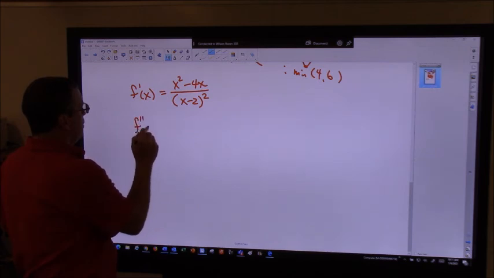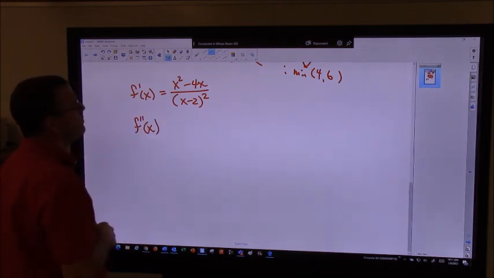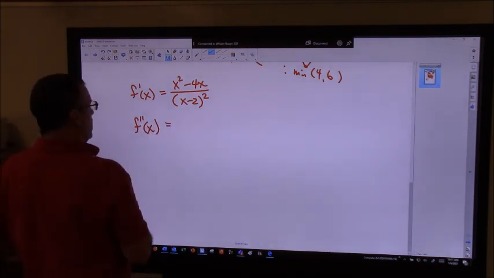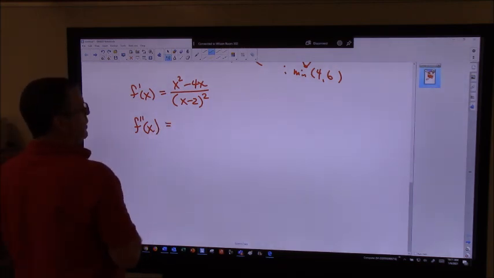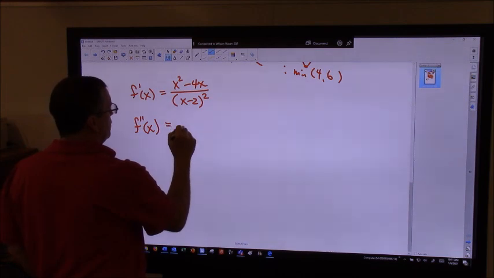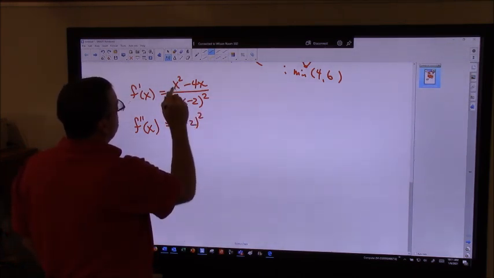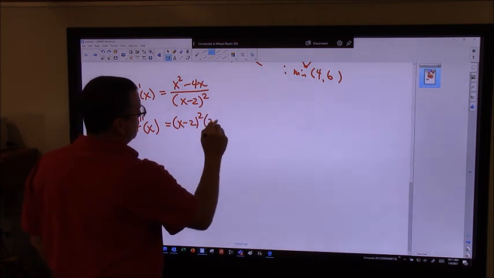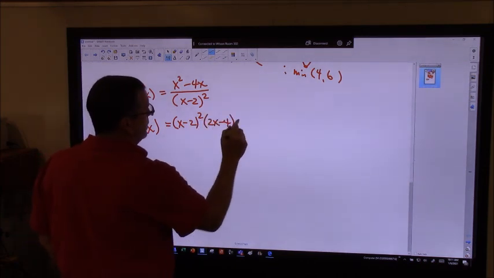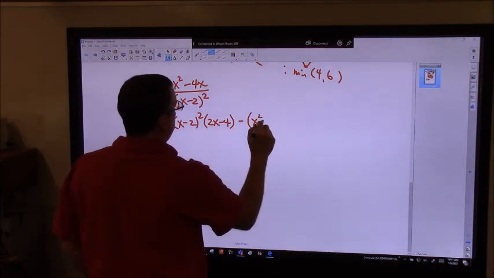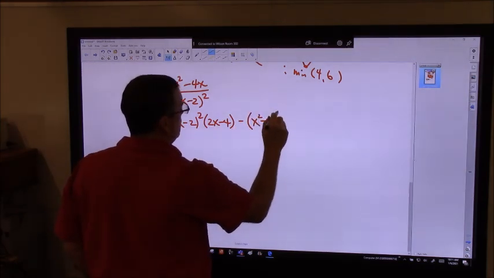So f double prime of x is going to be, I've got to do the quotient rule again. So low d high, so x minus 2 squared. D high is going to be 2x minus 4, less high d low. So I've got x squared minus 4x.